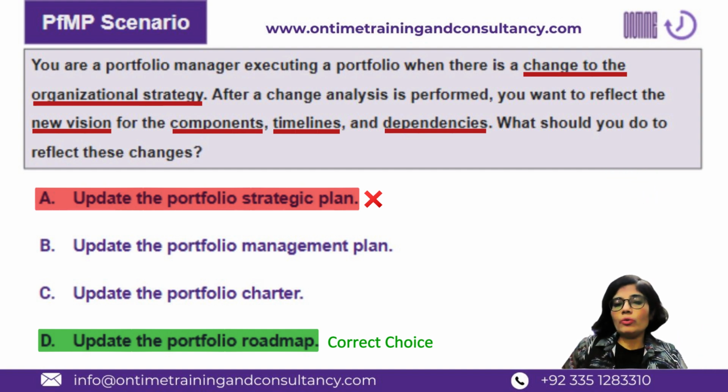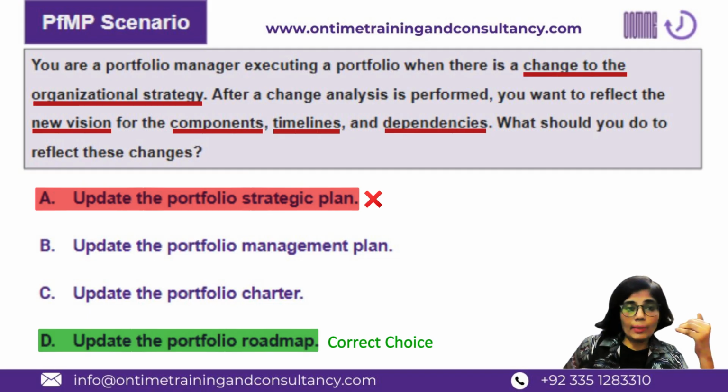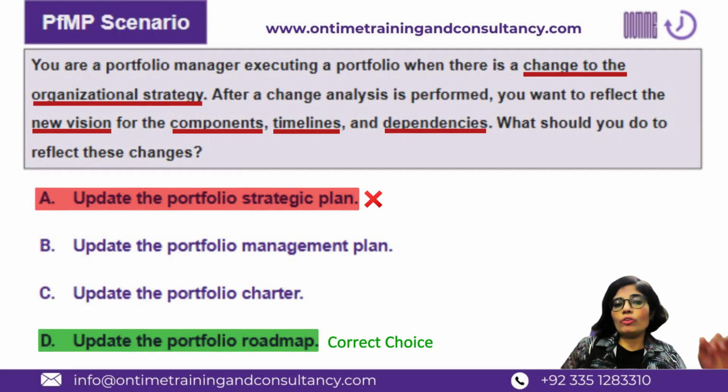I also know that high level risk and other details are available in strategic plan, and I'm also saying that as a result of this process, strategic plan is also going to be updated. And as a matter of fact, portfolio management plan, charter, roadmap, everything. But if particularly they are talking about timelines and dependencies, then timelines and dependencies for an established portfolio which is up and running is reflected by a roadmap. That's the best one.